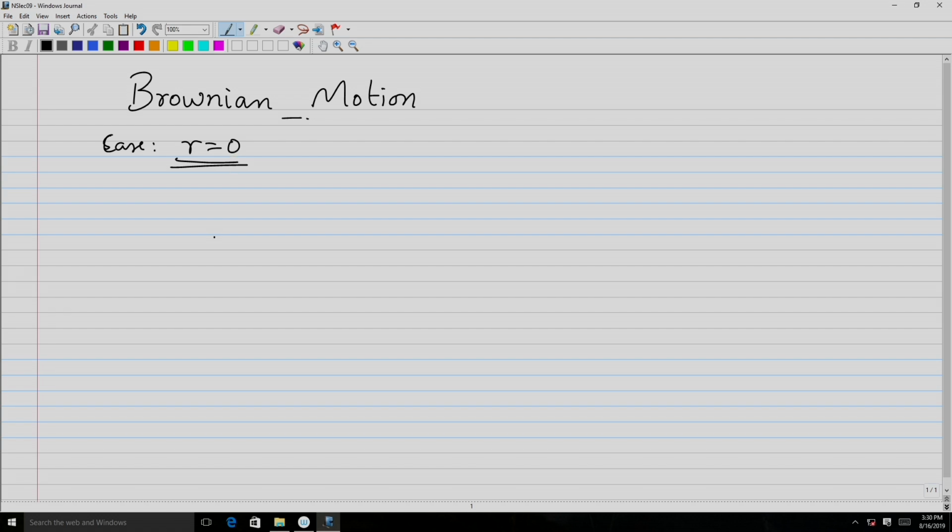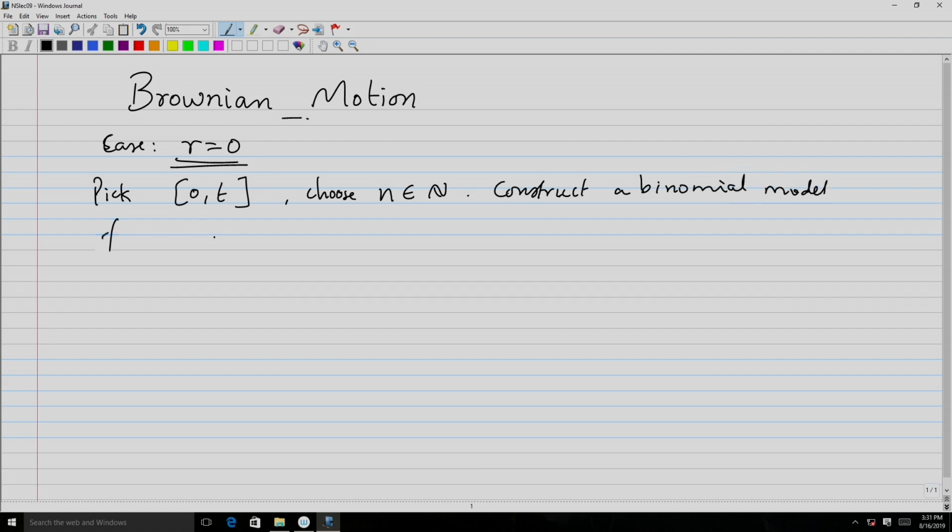For simplicity, we just take the case r equal to 0, and you pick an interval, say 0 to t, choose an integer n, and construct a binomial model for stock prices that takes n steps per unit time.